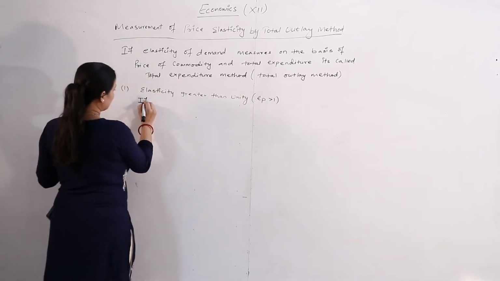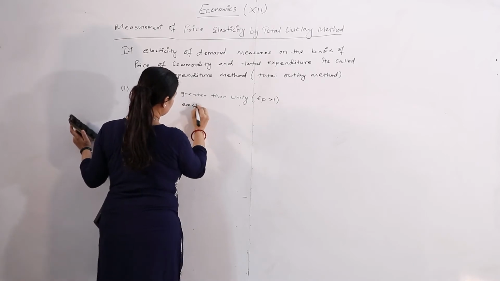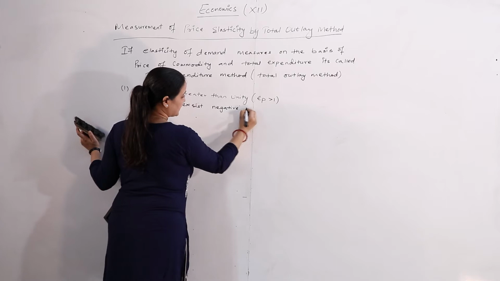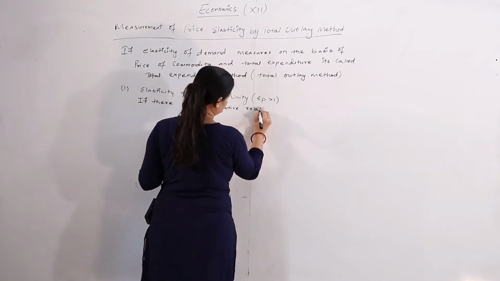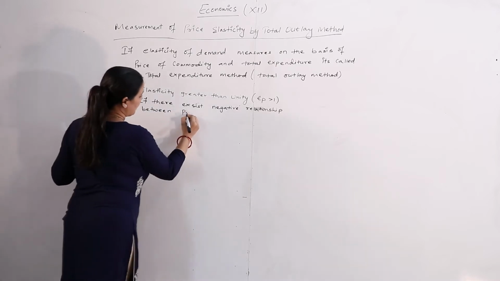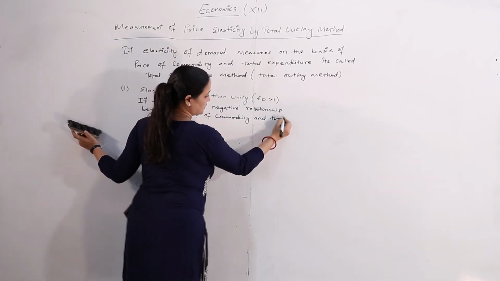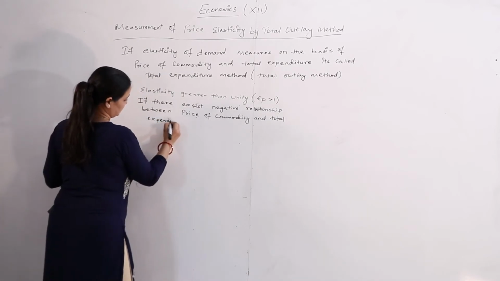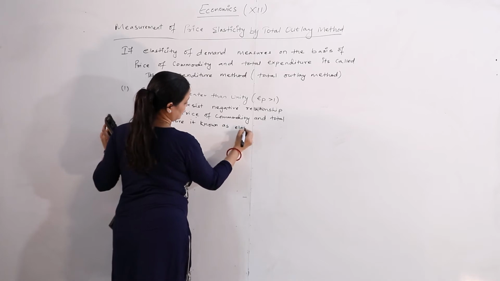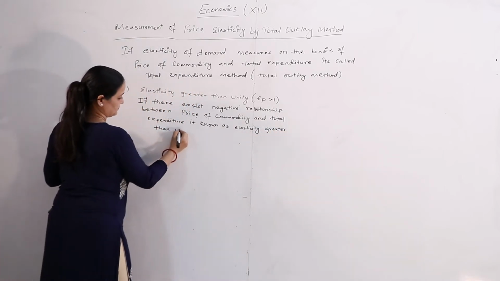We can write: if there exists a negative relationship between price of commodity and total expenditure, it is known as elasticity greater than unity.